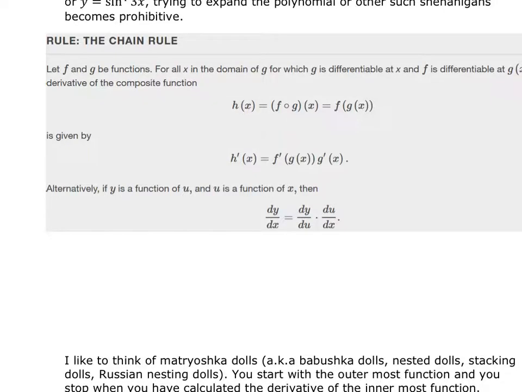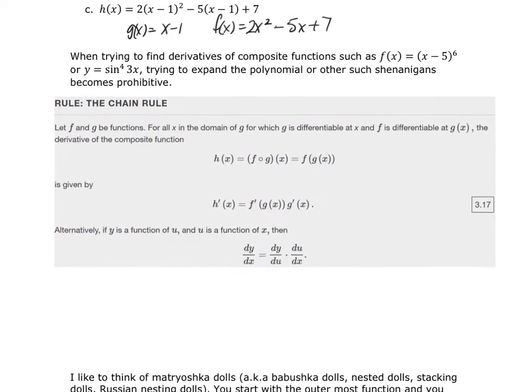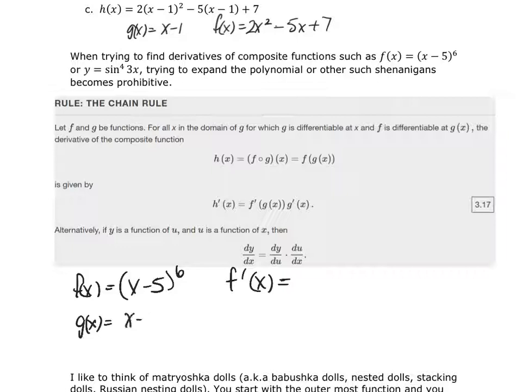So if I go back to my first 2 examples where I had f of x equal to x minus 5 raised to the 6th, f prime of x is going to be the derivative of x to the 6th, if I think of the outer function as being x to the 6th. If my inner function is x minus 5 and my outer function is x to the 6th, then I'm going to do the derivative of my outer function first.